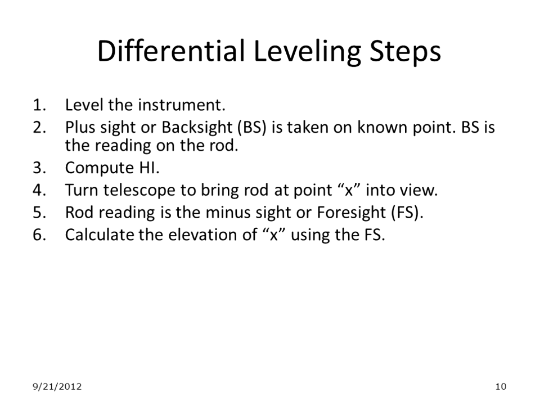You turn your telescope to bring the rod at point X into view, which is your forward sight. Your rod reading is the minus sight or foresight on that particular point. And then you calculate the elevation of that point using your foresight shot, your rod reading. And then you repeat, and you do it over and over until you complete your entire leveling loop.